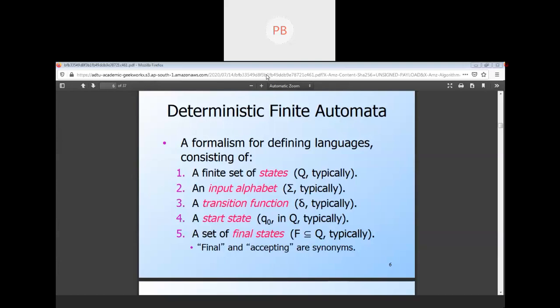Okay, next is subset. Next one is subset.